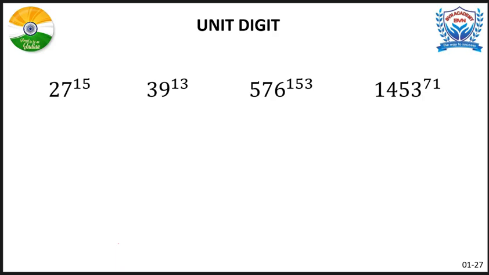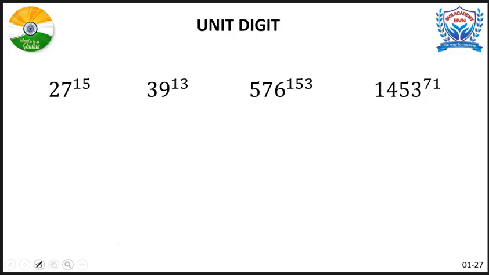But to solve these kinds of problems, we need to understand the cyclicity of these numbers, at least from 0 to 9. If we can remember the cyclicity of these numbers, then it's very easy for us to solve unit digit based problems. Now, what is cyclicity all about?